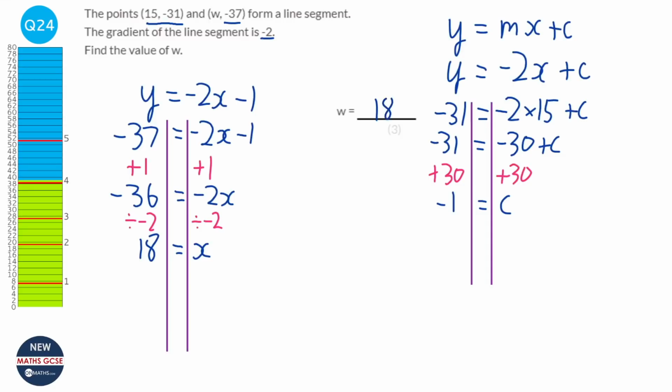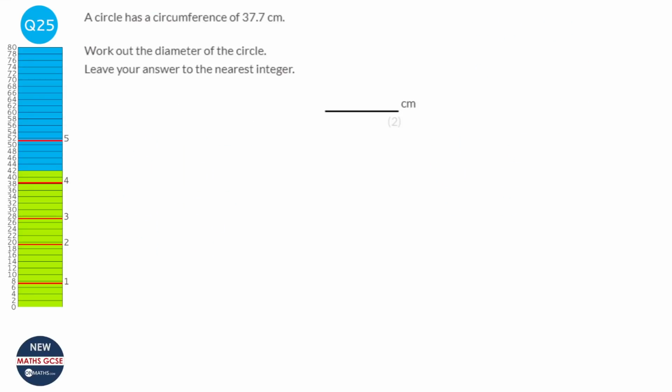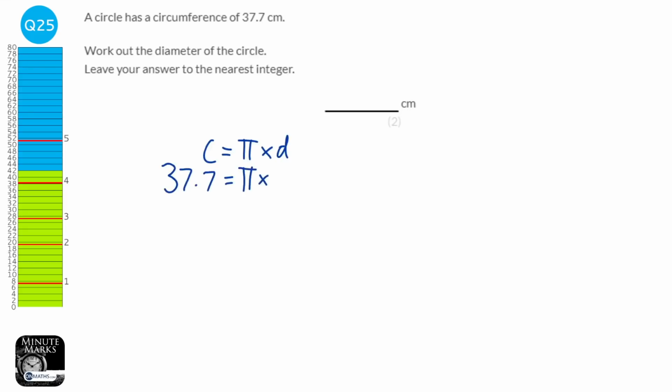So w is 18. The formula for the circumference of a circle is circumference equals pi times the diameter. In this question, we're given the fact that the circumference is 37.7 and we're asked to find the diameter. So if we put our lines in, all we need to do is divide both sides by pi.